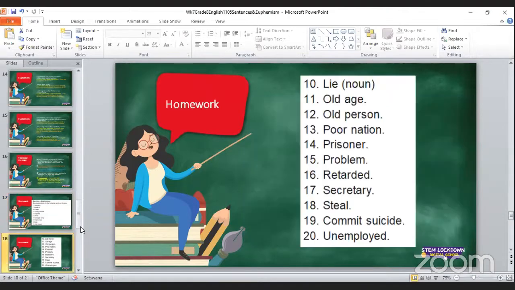Then there are the other 10 euphemisms. So all in all it is 20 euphemisms. So please do the homework, and tomorrow we will do corrective work. Do it with your friends.